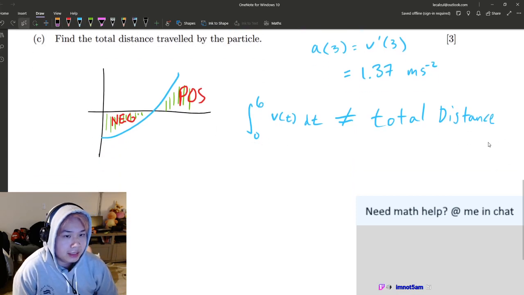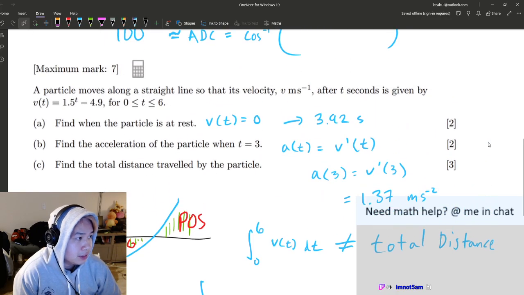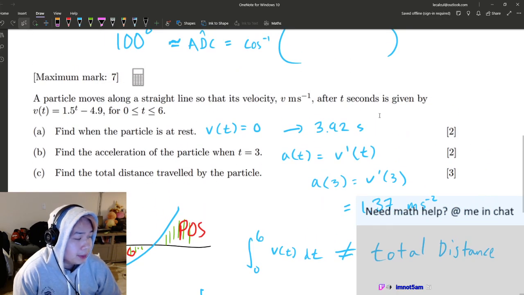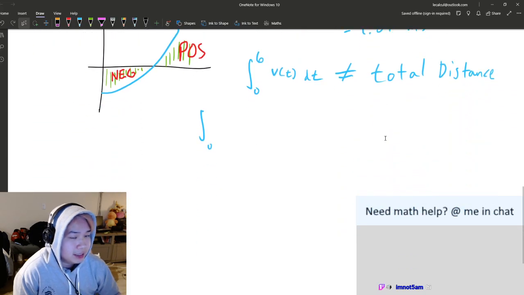So what you can do is, there's a couple of ways that you can do this. You can split this up into 2 separate integrals. Split it up into the negative parts and the positive parts, which is why they asked you for this part A, 3.92. So that's the negative part.